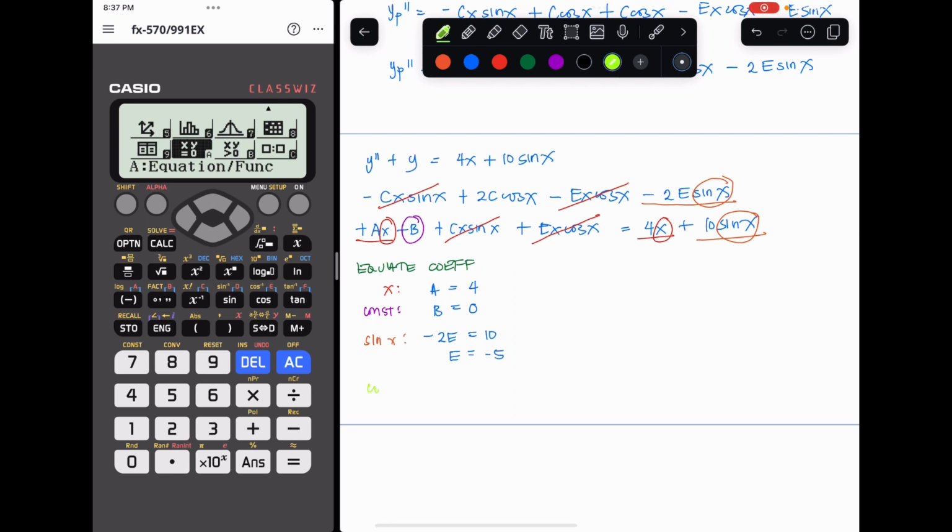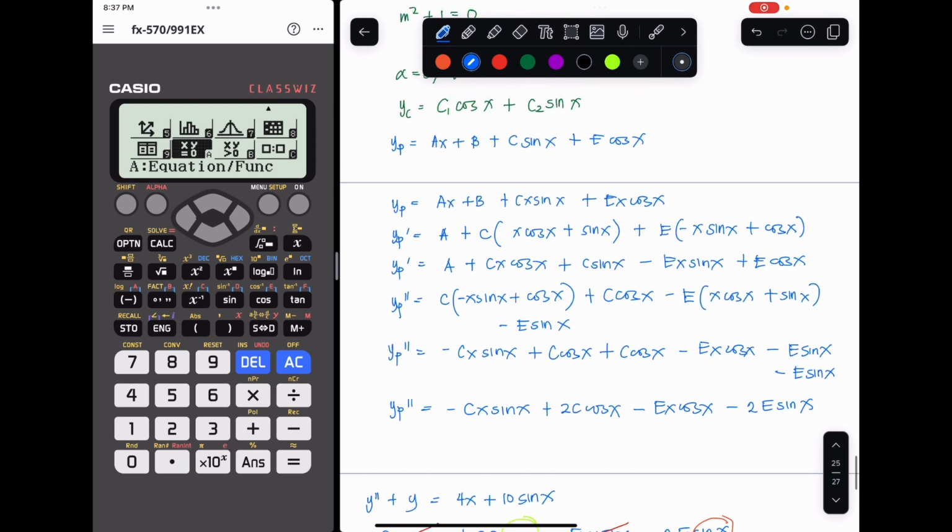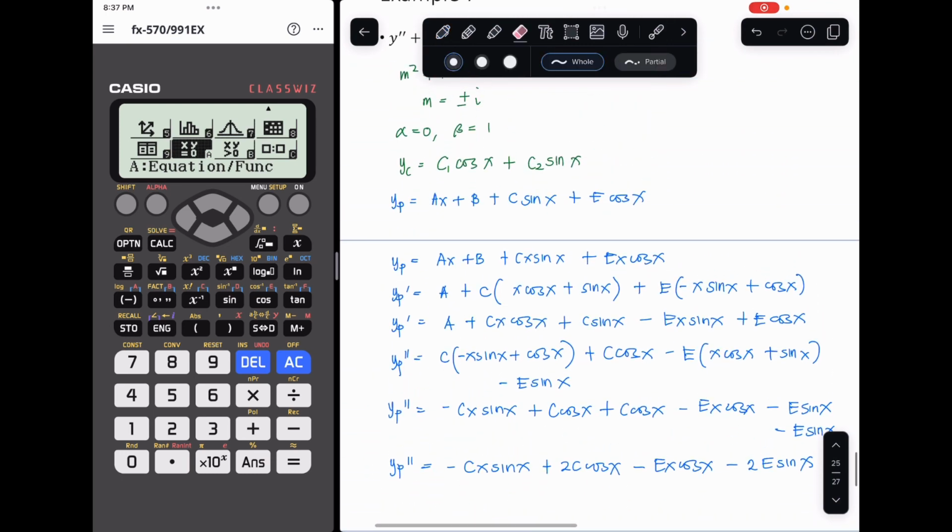And lastly, for cosine x, this is the term involving cosine x, and we don't have it at the right hand side. So that gives us 2c is equals to 0, and c will be equal to 0. So therefore, for our yp, or our particular solution, I'm going to copy this one.